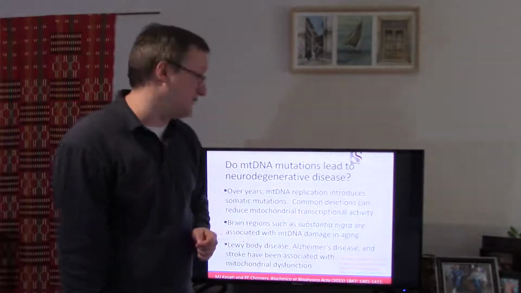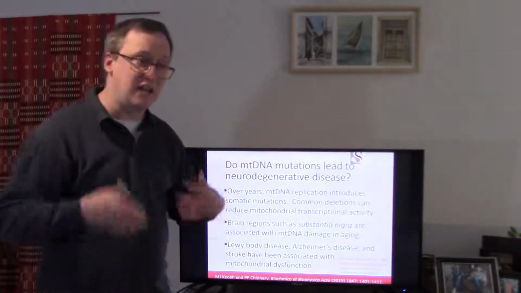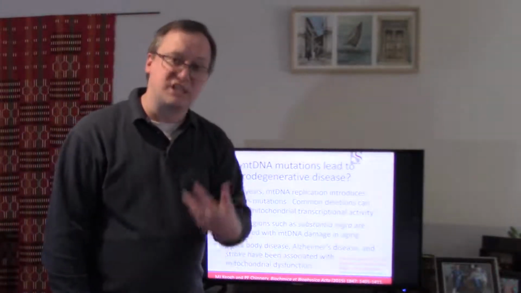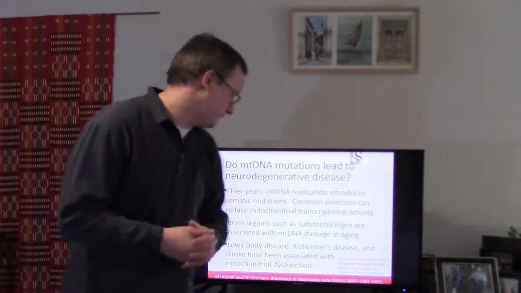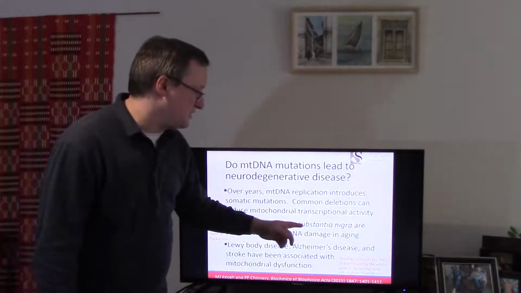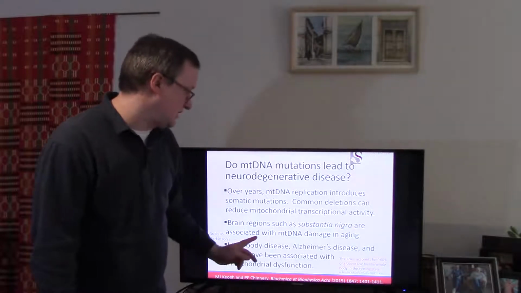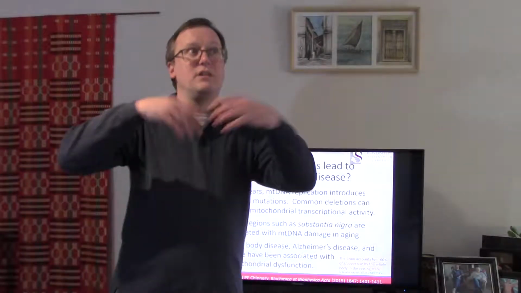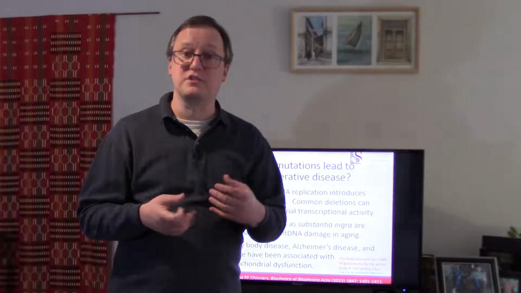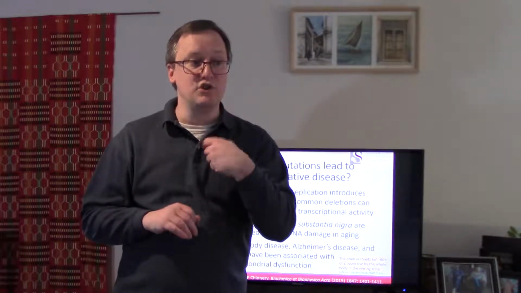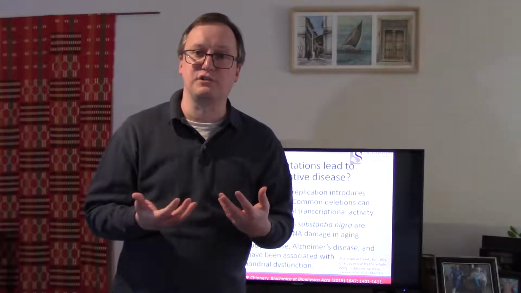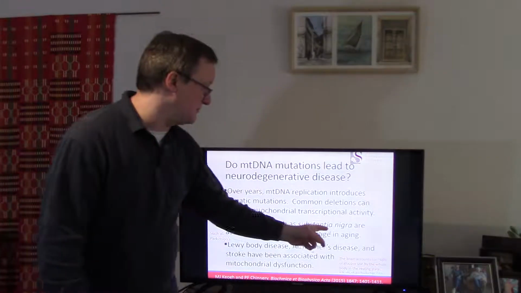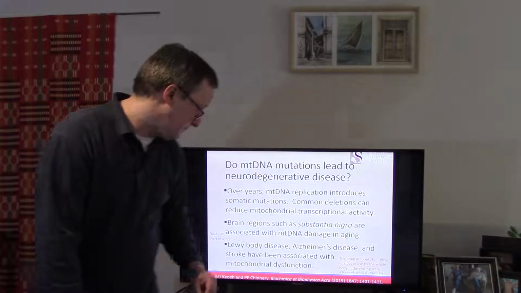There's a very common set of deletions that we see, particularly in the aged and particularly in the brain, that can reduce the ability of the mitochondrion to carry out its gene expression normally. So brain regions such as the substantia nigra are associated with mitochondrial DNA damage in aging. This is not true for everybody, but for some folks, we find that their ability to generate the fuel needed for the cell to run is diminished, particularly in certain brain regions.